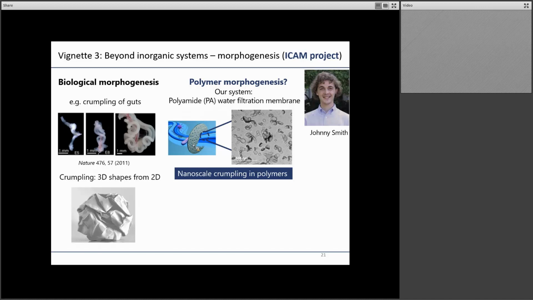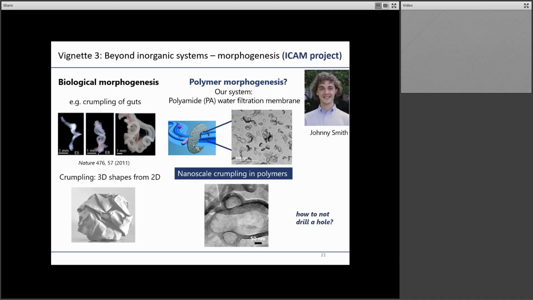Yet, 3D imaging has been difficult, and that's because polymers are a lot more beam sensitive than inorganic nanoparticles. Electron beam, as shown in this movie, can easily drill a hole and completely damage the sample if you are not careful. So in other words, even just resolving the 3D structure at the nanoscale directly has been an immediate challenge.